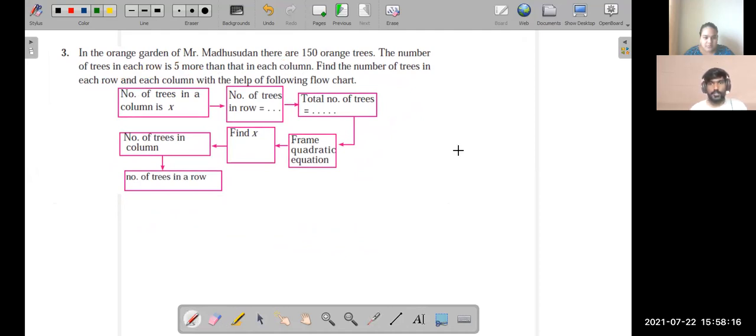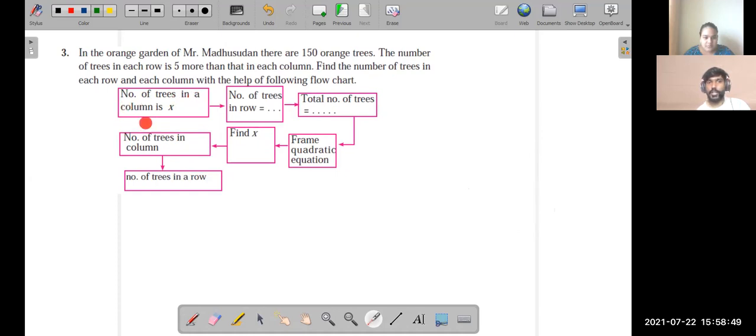Okay, so these are rows like this and these will be columns. You have to find the number of trees in each row and each column. So how many trees are there in one row and how many in one column, that you have to find out. We have to use this information that is provided.